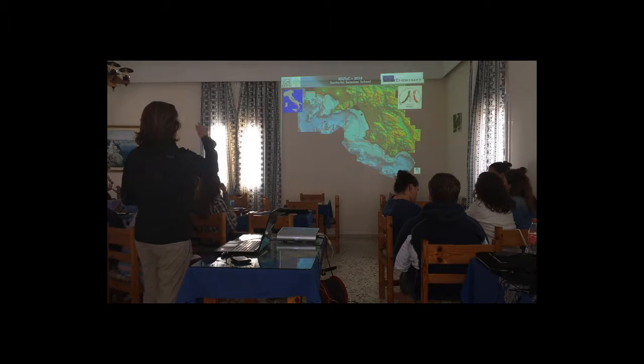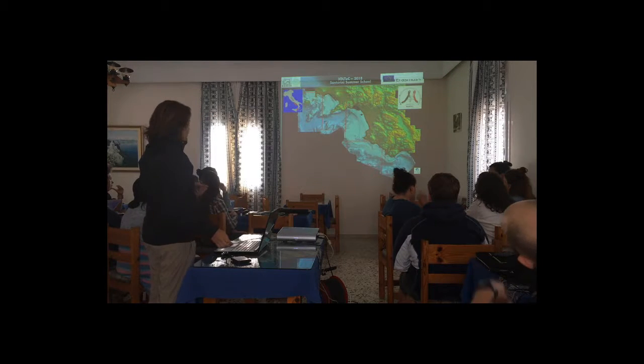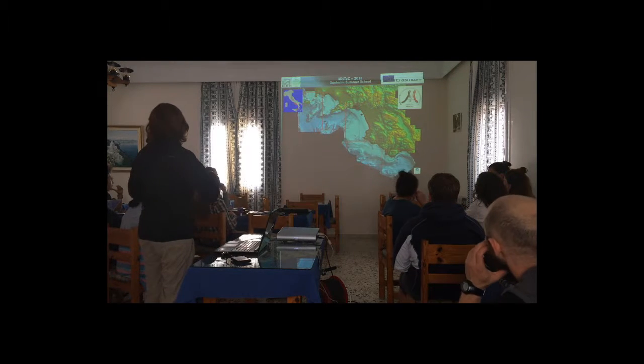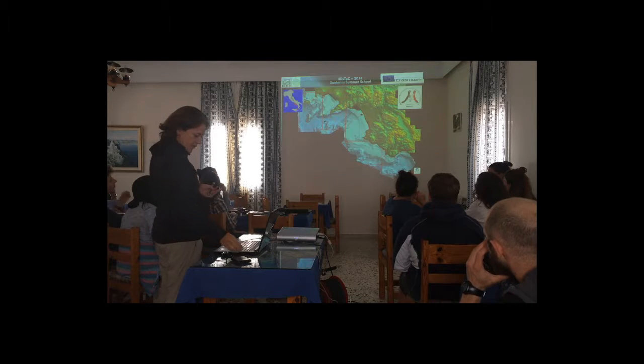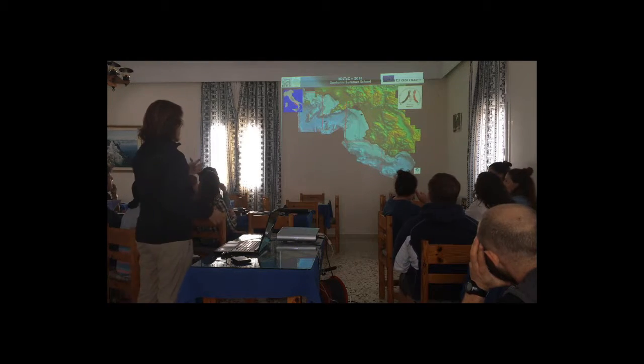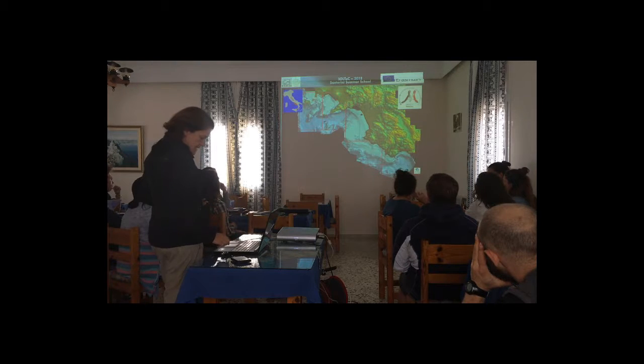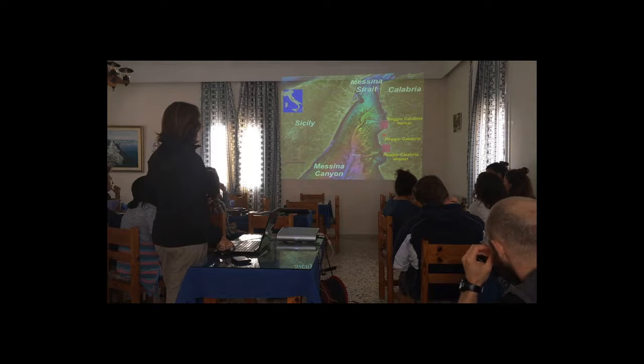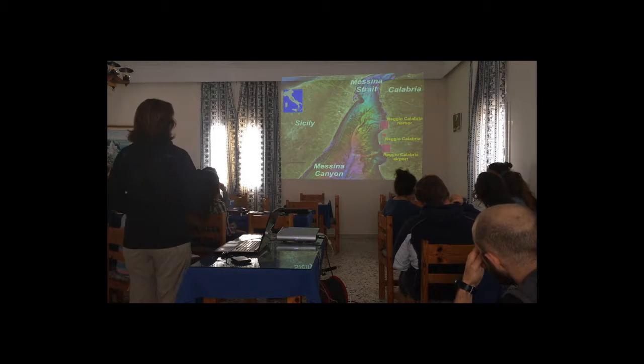This is a region in the Mediterranean Sea, in the southern part of Italy, but in Greece you also have a lot of complex seafloor, and we know very well which geohazards are related to landslides and also submarine landslides or volcanic eruptions. So we share more or less the same problems.